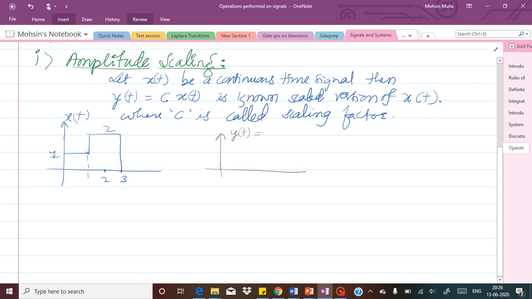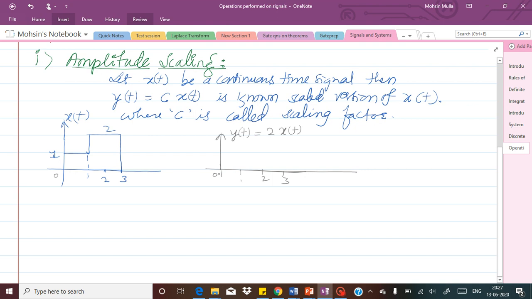Now what is the scaling that we are going to take? Suppose I take the scaling factor c equal to 2, so 2 times x of t. What this 2 times x of t will do is, we use the same instants 1, 2, 3, where the signal is available. The value 2 will be multiplied with the magnitude of the signal.